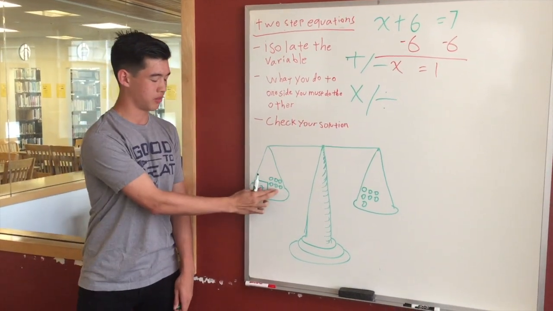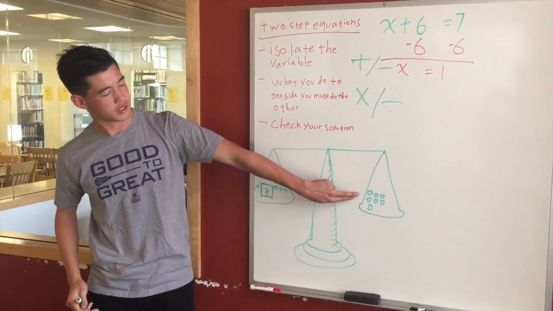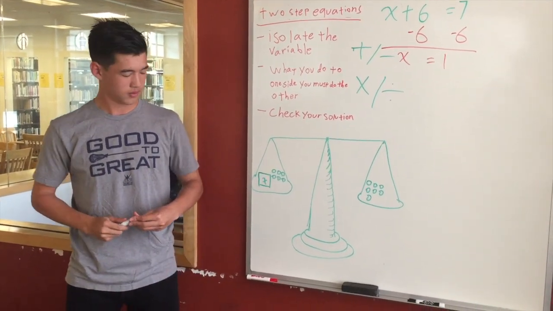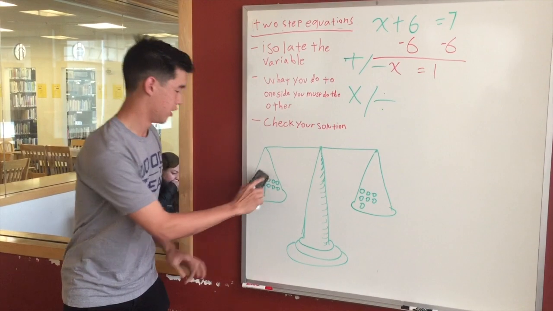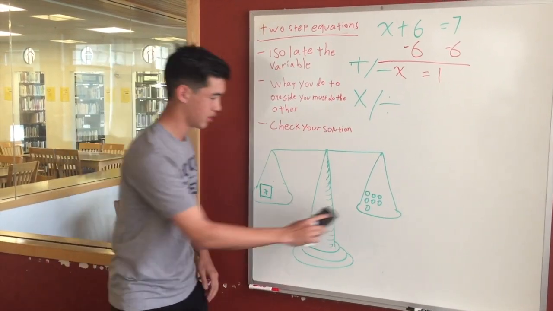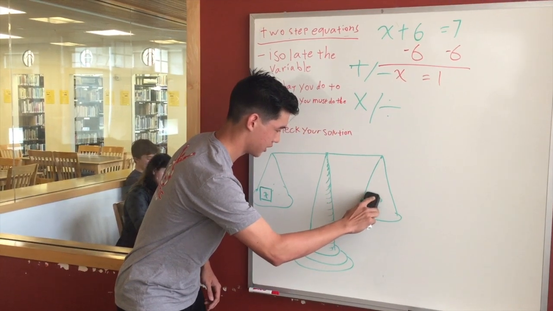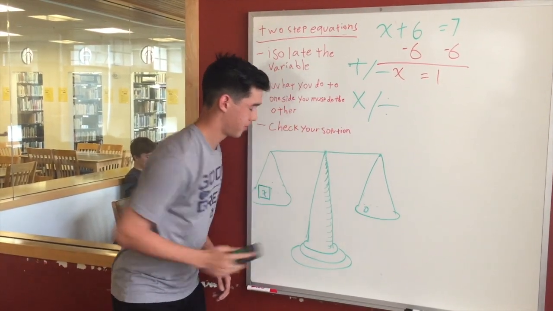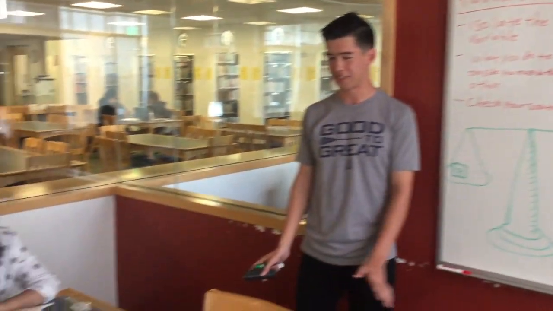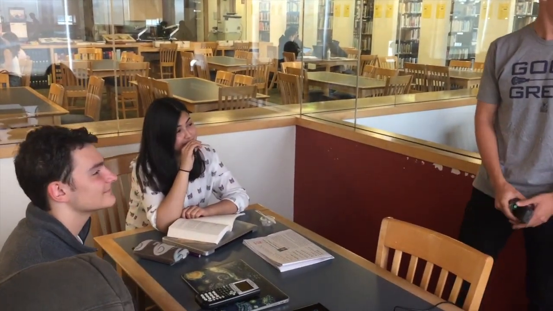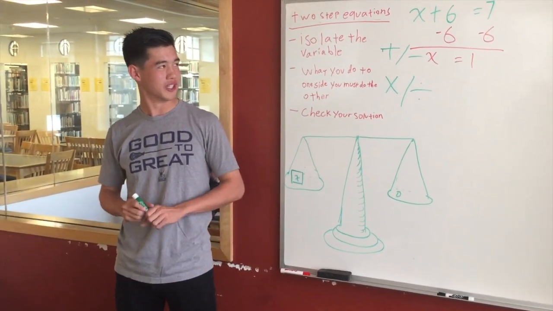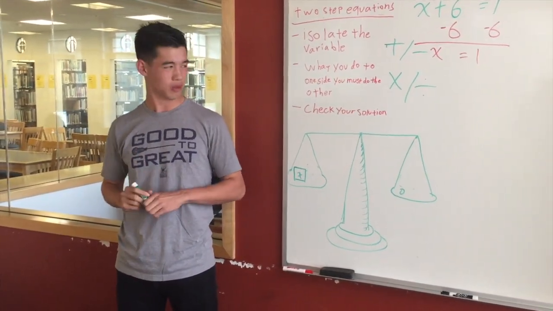If you subtract 6 from both sides, you can see that you also need to subtract 6 from this side in order to keep the scale equal. And so when you do that, you subtract 6 from this side, that's taking away 6 marbles. You subtract 6 from this side, you are left with x is equal to 1. Does that make sense, class? Yes. Okay, so now that we have mastered the one-step equation, you're going to move on to the two-step equation, okay?